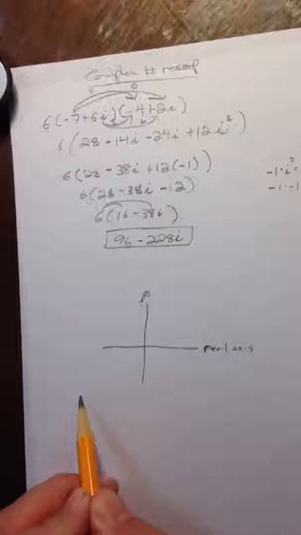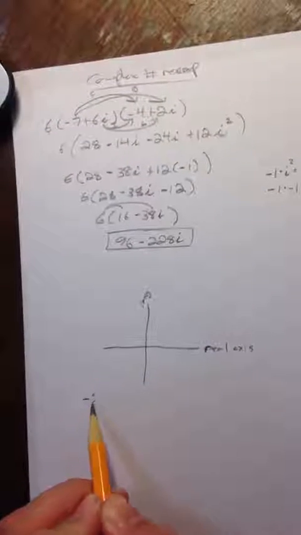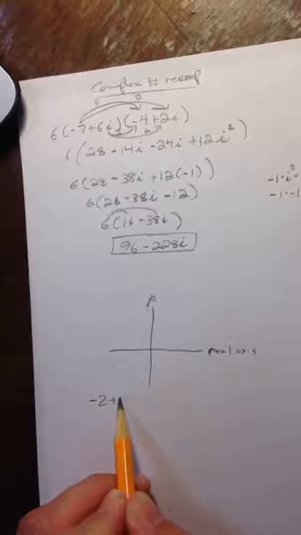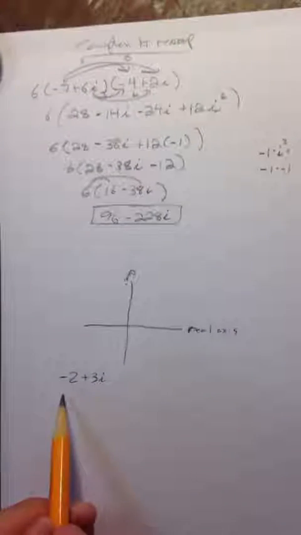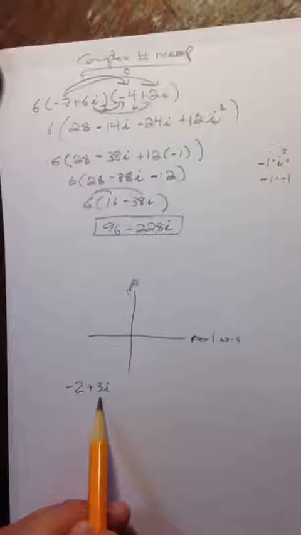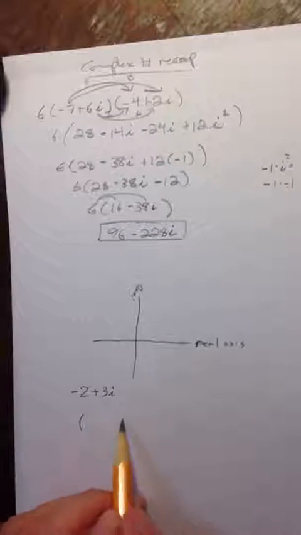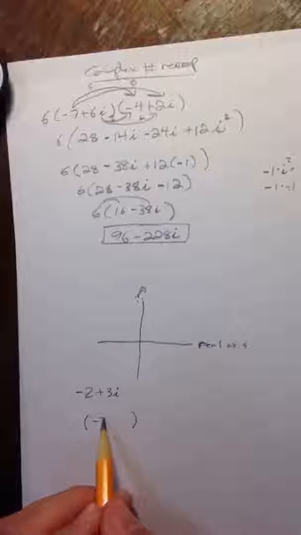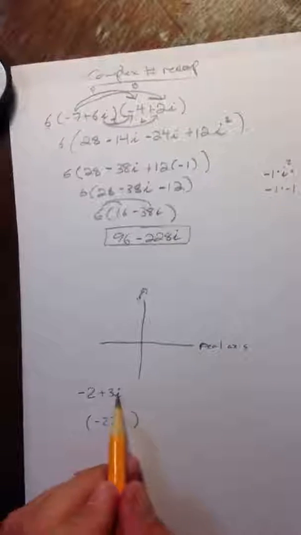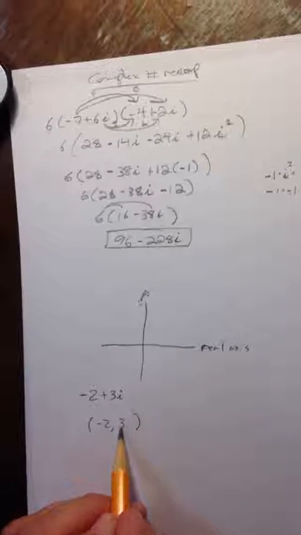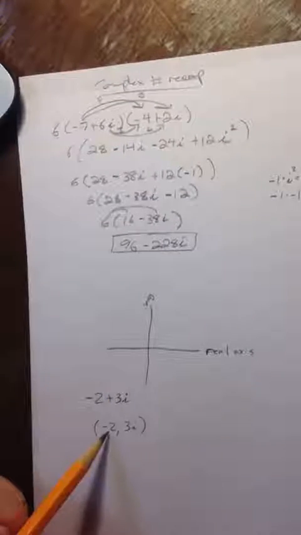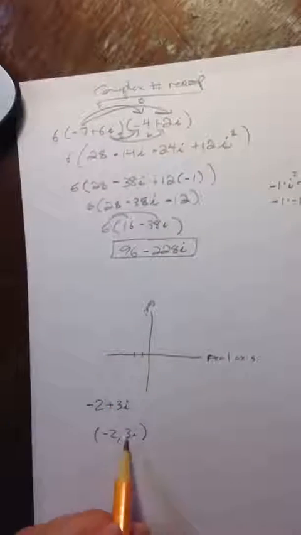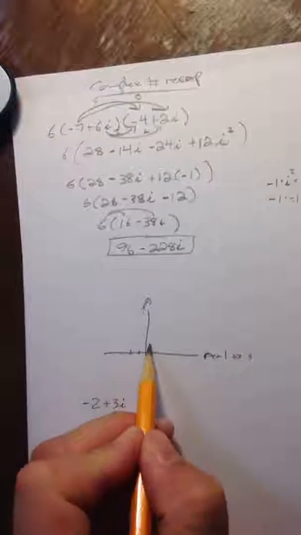So if I had the point, the number negative 2 plus 3i, this being the real part, this being the imaginary part, I discussed how you can treat that as if it were an ordered pair. So the real part, go back negative 2, the imaginary part 3i.